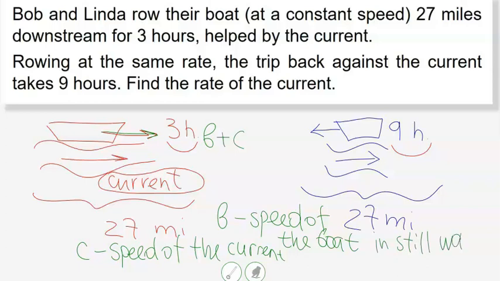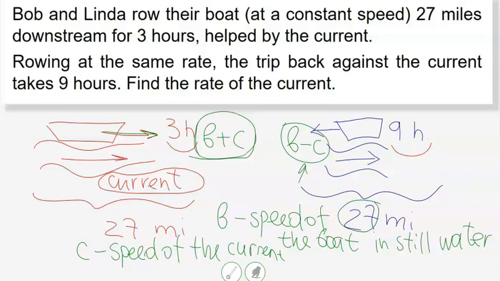The current helps, so the real speed of the boat will be B plus C. On the return, the current will slow us down, so the real speed of the boat will be B minus C. So with this speed, B minus C, the boat is moving 9 hours, covering 27 miles. And with this speed, B plus C, we are moving 3 hours and covering the same distance of 27 miles.